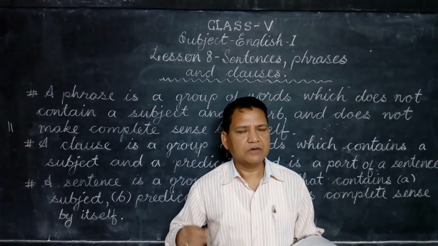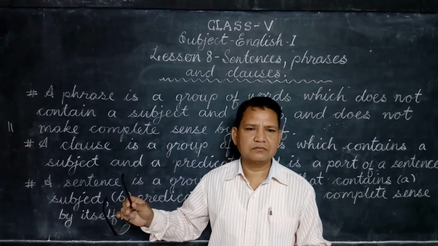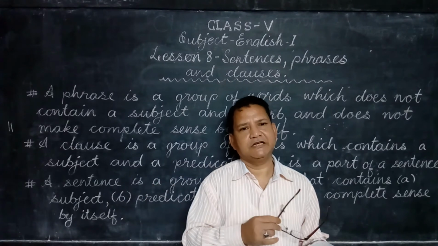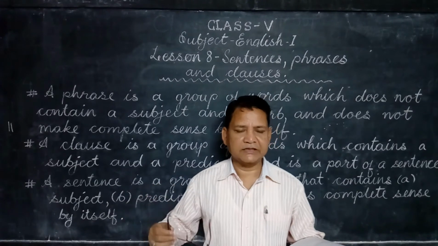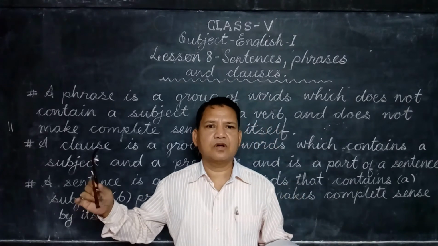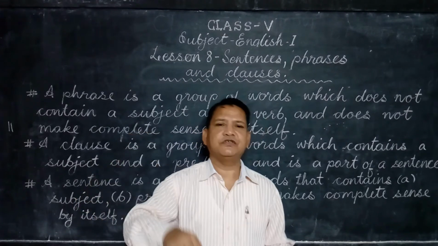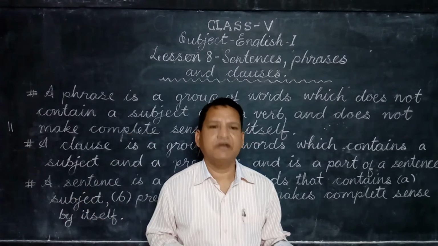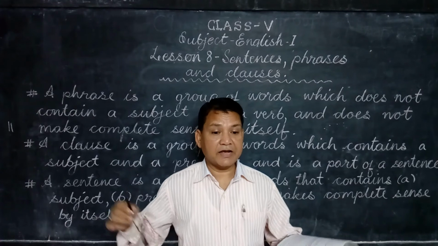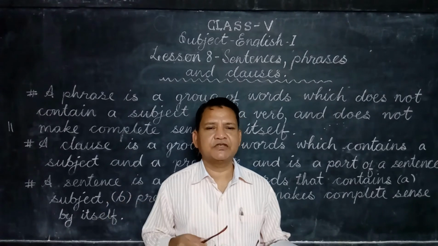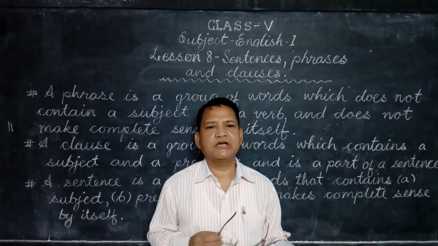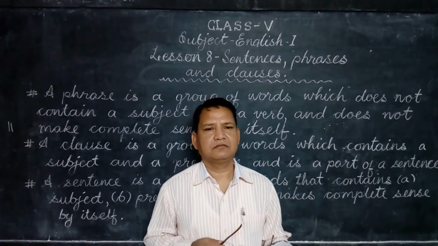How will I do it? I could not go home because it was raining heavily. Now I have joined these two sentences together by using a conjunction.